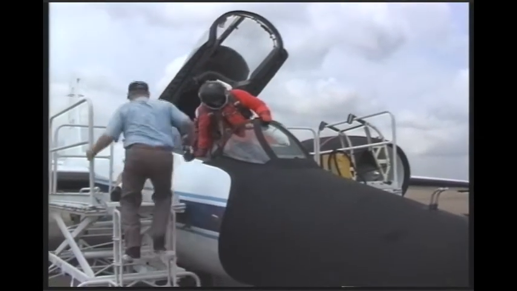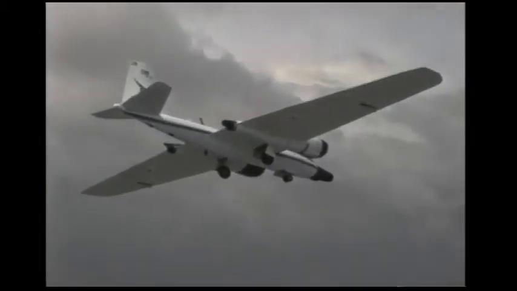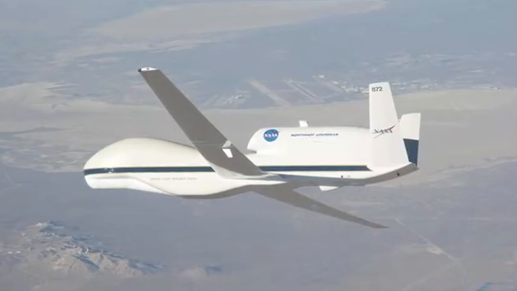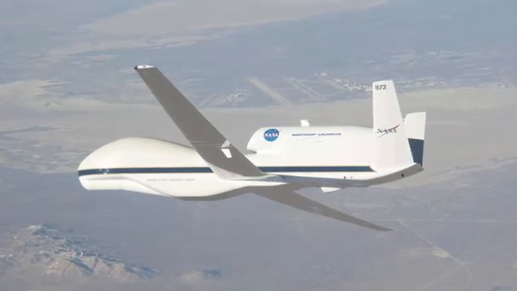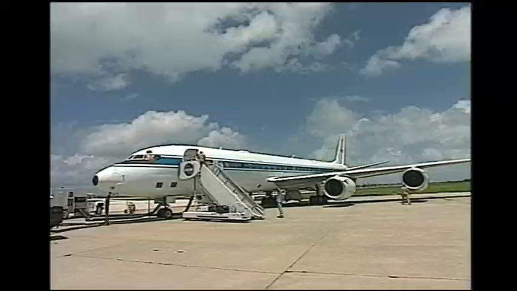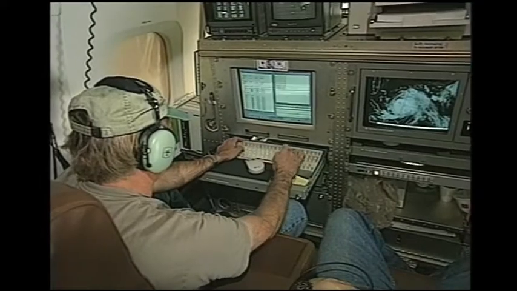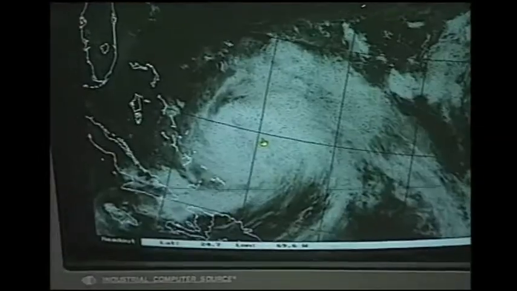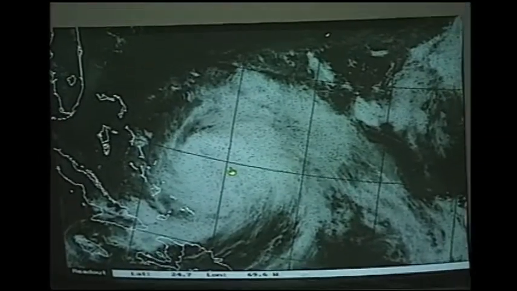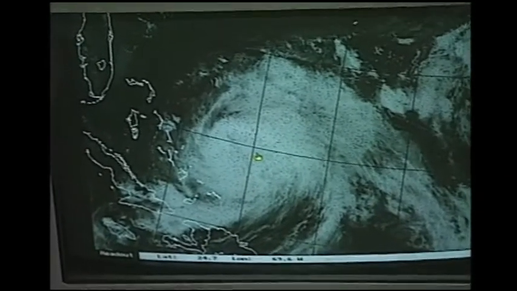With GRIP, we have 3 aircraft, and on those aircraft we have several instruments, 14 in all. The instruments use a variety of techniques, and they measure a variety of variables that are important to understand the tropical storms, both for the purpose of understanding as well as predicting.